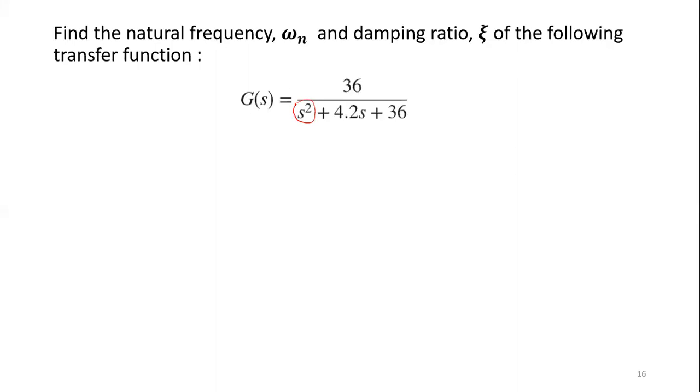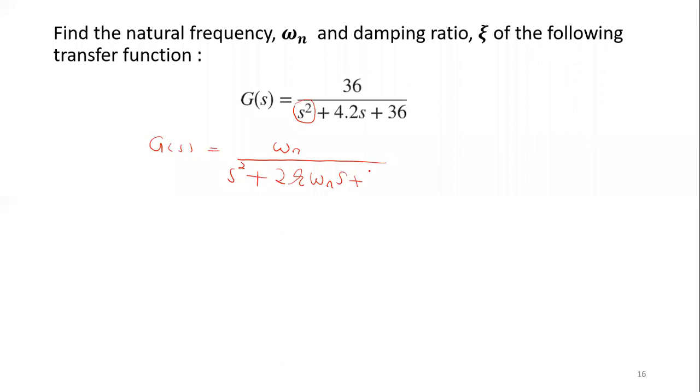So we know that the general form is G(s) equals natural frequency squared over s squared plus 2 times damping ratio times natural frequency s plus natural frequency squared.